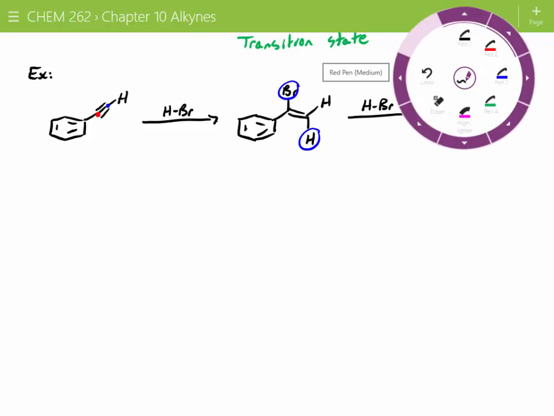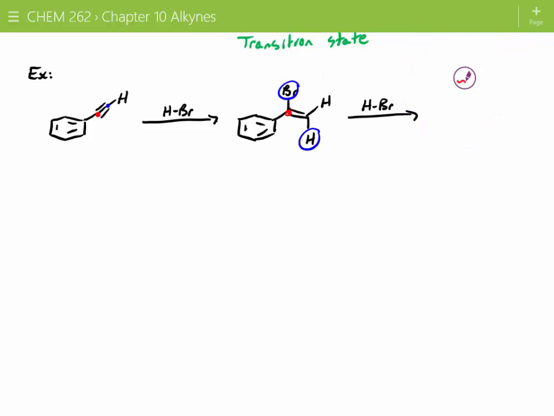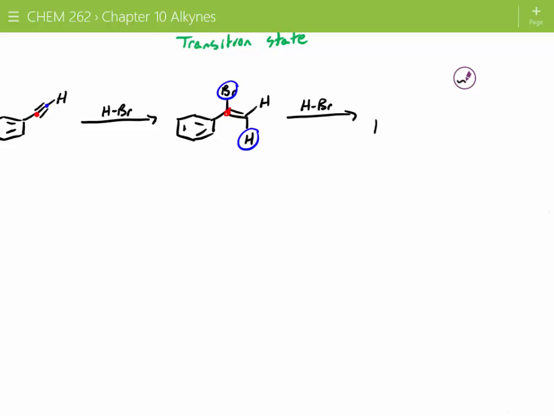So again, if we compare the Markovnikov to anti-Markovnikov side, we know it's going to add to the Markovnikov side. And if we look at our final product that we get out, we just get a dihalide. Br. And we've got 3 terminal hydrogens coming off the end. So this was a geminal dihalide. Both halogens are coming off of the same carbon.